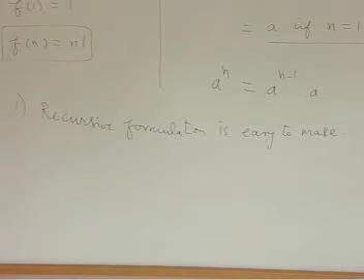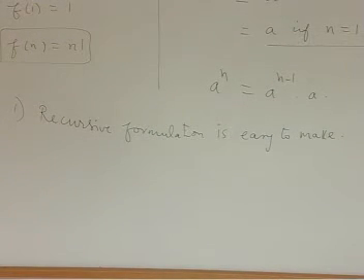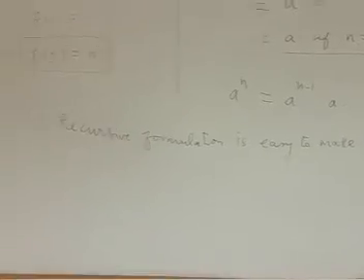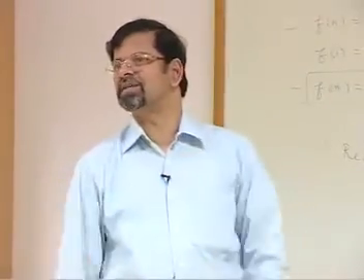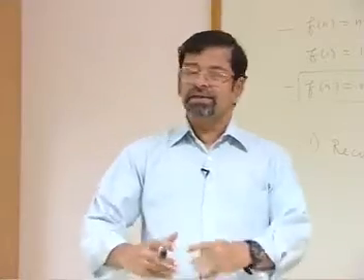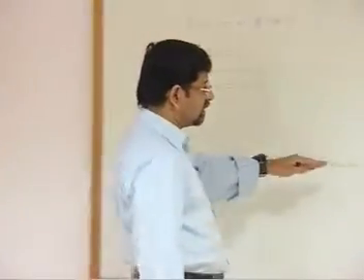Usually, if you try to decrement a little bit and see how that solution and this particular solution are related, it is somewhat easier for you to look at. Hence, recursive formulation is easy to make.